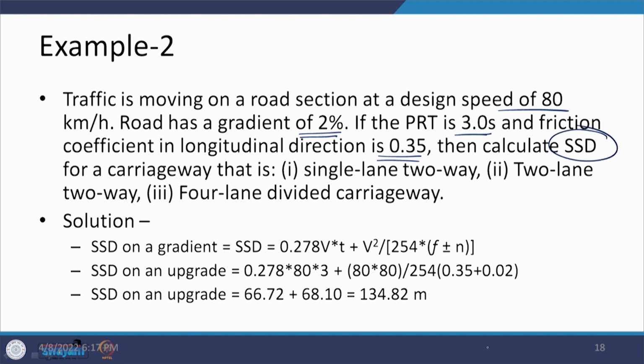So, we are going to calculate the value of SSD for the three conditions: the level condition, and the gradient when moving up or going down. When using it for a gradient, the equation was this one, and when going upward, we use positive. So, putting in the values, we get 134.82 meters.